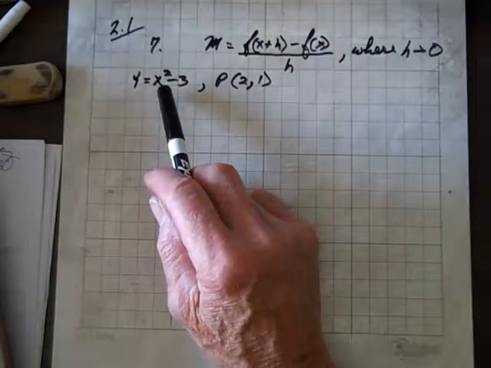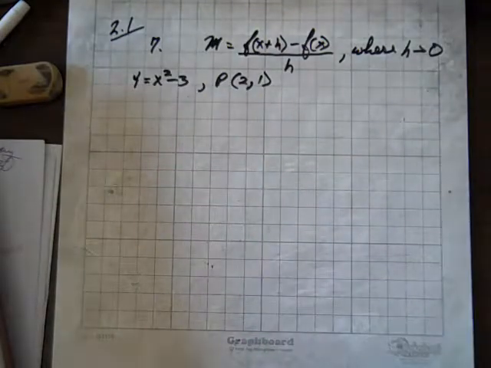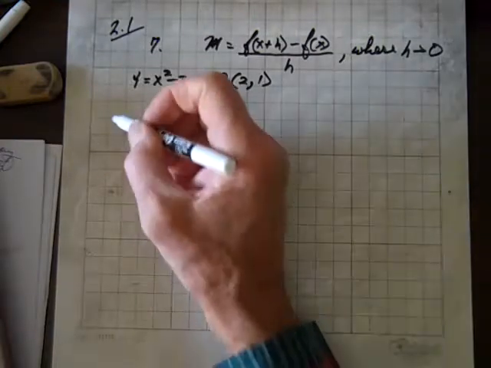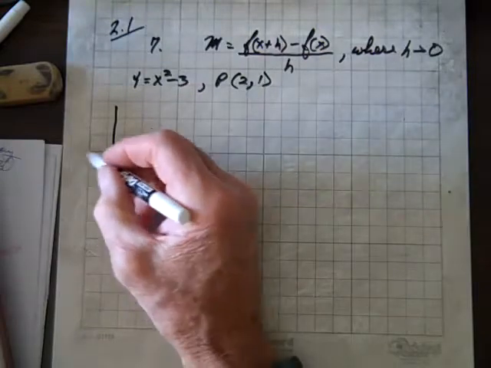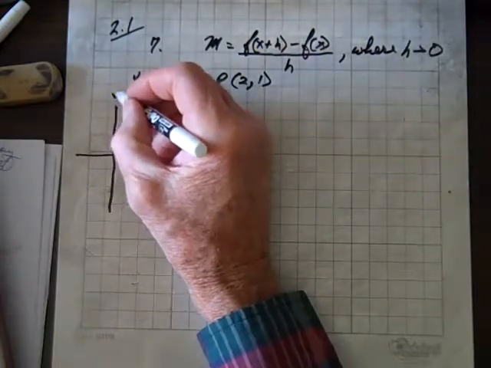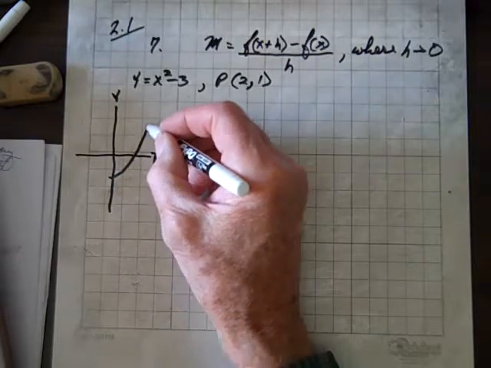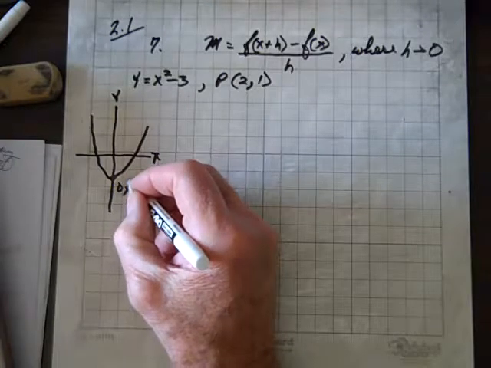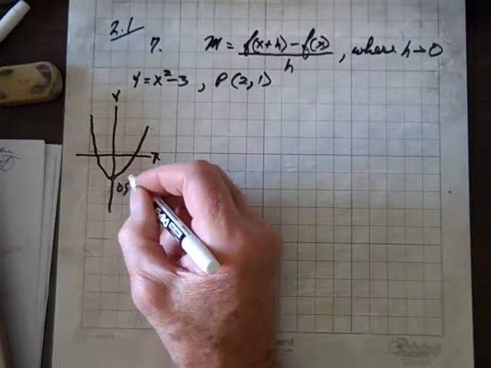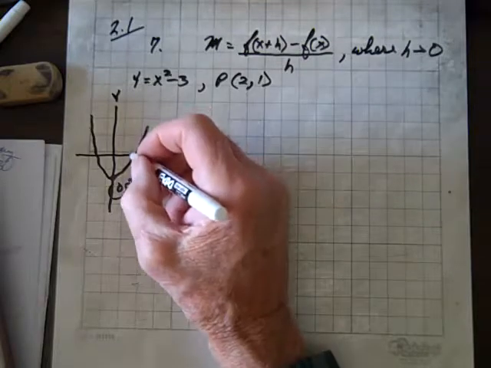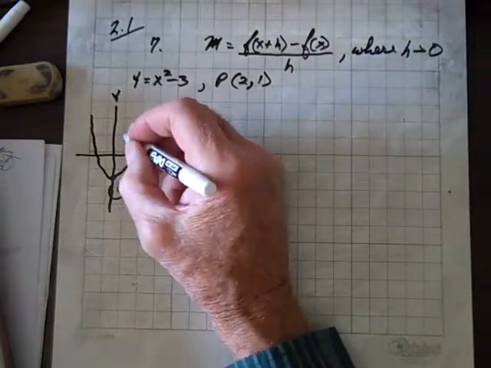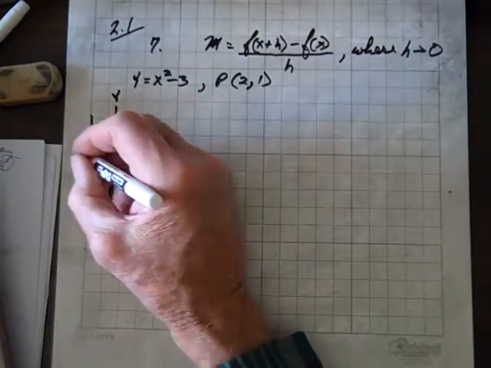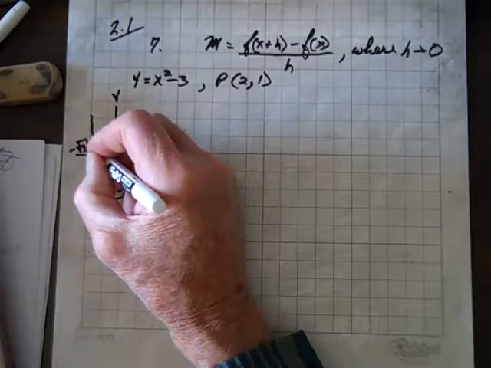And now we're doing question 7, and we have to find the slope of the curve. If we graph this, this is a curve, and it's a parabola that's been dropped down 3 units. As a matter of fact, here's what it looks like. And there it is, and this is (0, -3), and the intercepts are (√3, 0) and (-√3, 0).